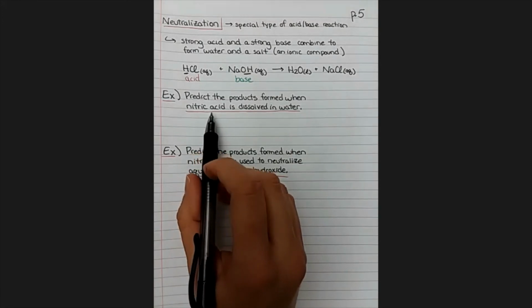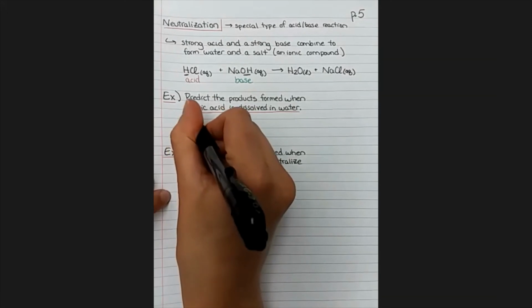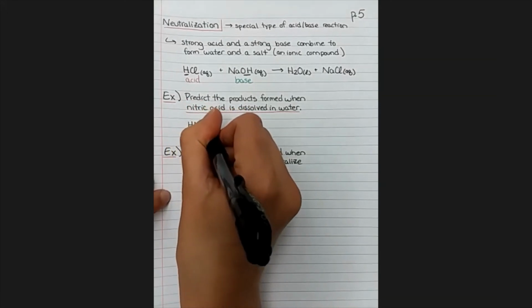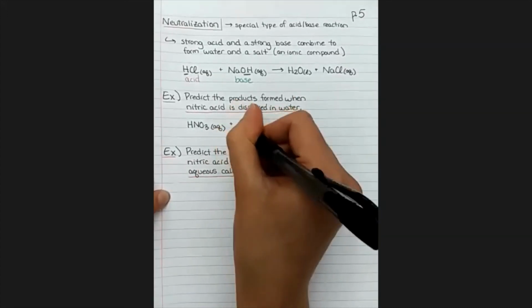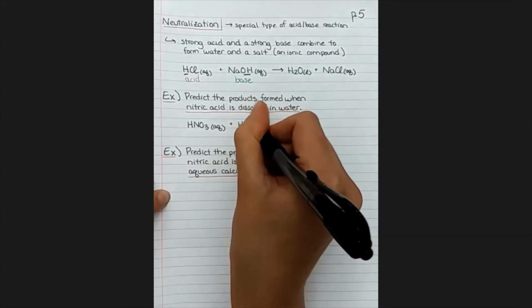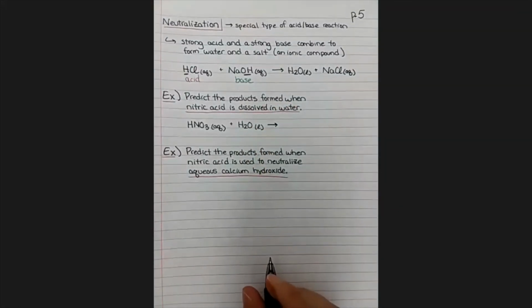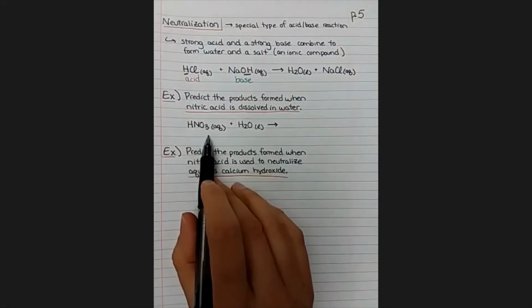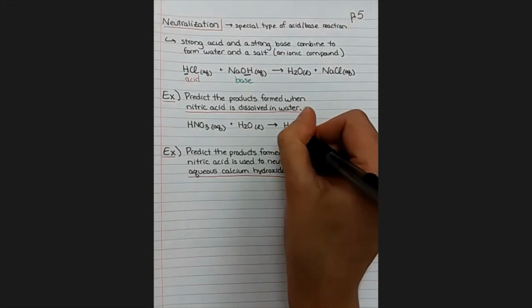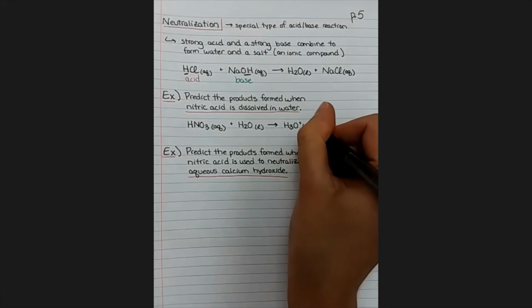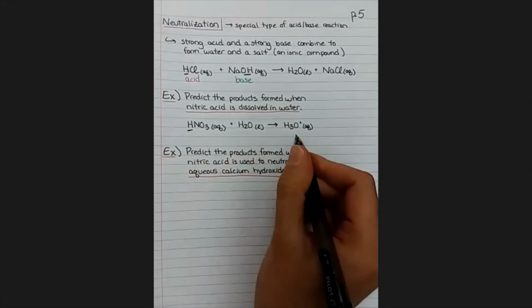So predict the products formed when nitric acid is dissolved in water. So we have memorized the strong acids, so we know that the formula for nitric acid is HNO3. It is dissolved in water, so we'll put that here. And then we need to predict the product. And so the definition of a strong acid is when it is placed in water, the acid gives its H plus to the water to form an H3O plus.